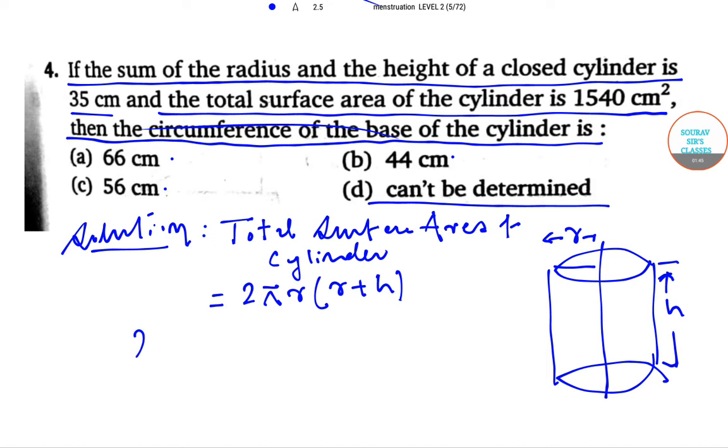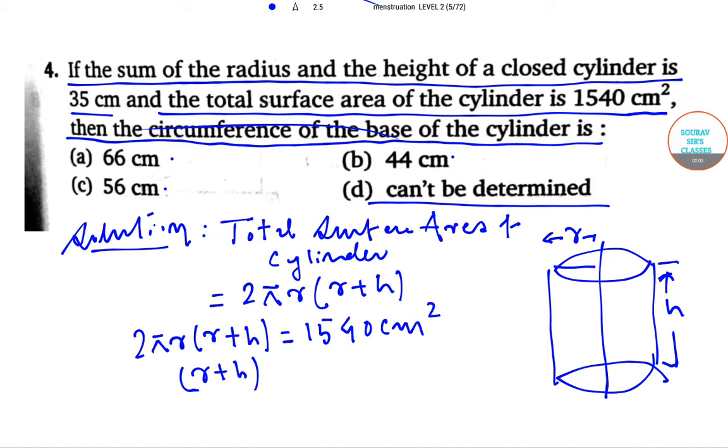So 2 pi r into r plus h is equal to 1540 centimeter square, which is given.